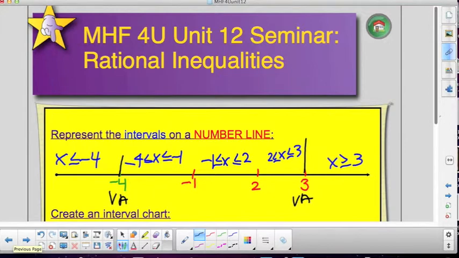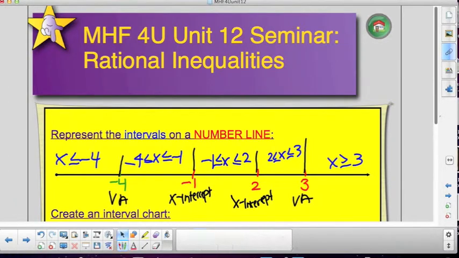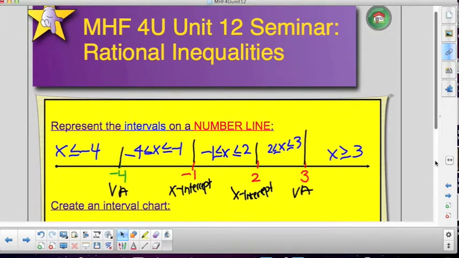You want to identify your x-intercepts, so you would say at positive 2 you have an x-intercept, and at negative 1, another x-intercept. And finally at 0 and 1/6, I believe. Or no, we wouldn't put that because a number line is always with your x value. So that would be enough for representing your intervals on a number line.